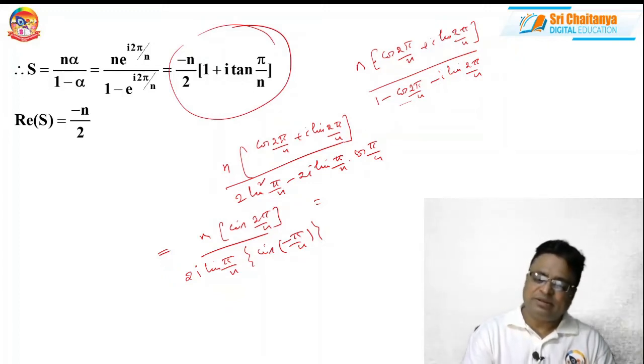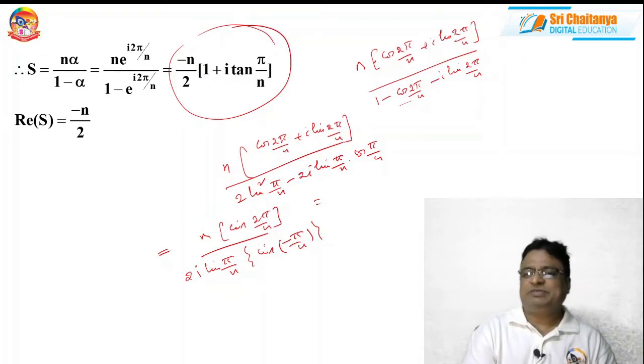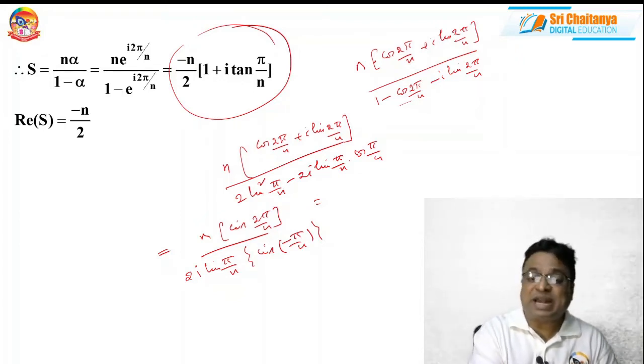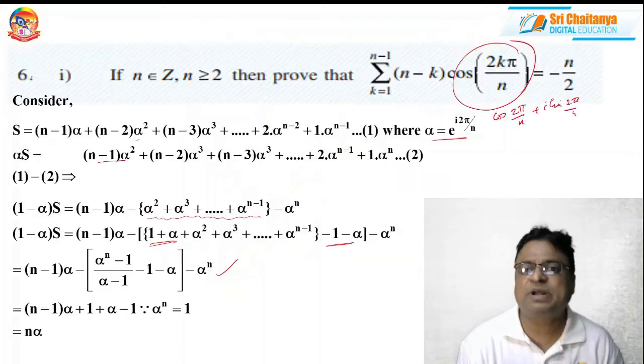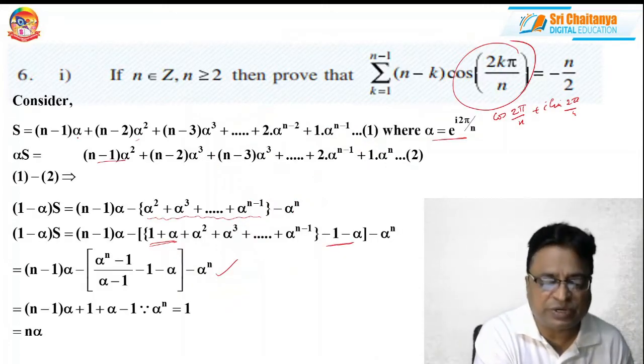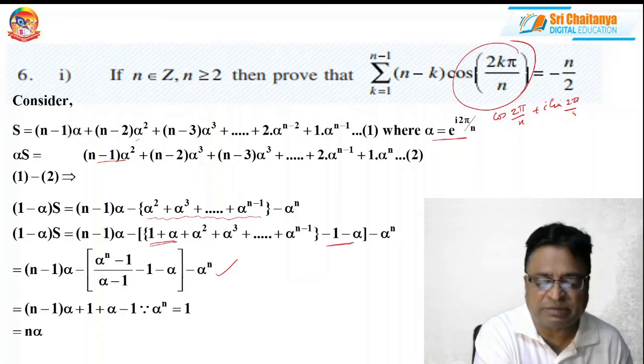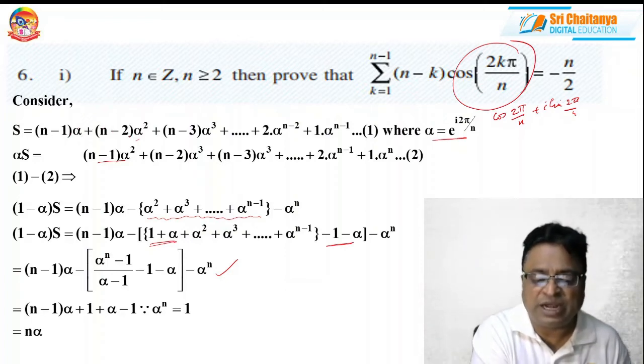Clear? So it is very simple for me to compare the real part. What is the real part of S? Actually, S is n minus 1 into cos alpha plus i sin alpha, that means n minus 1 into cos alpha, and n minus 2 into alpha square, that means n minus 2 into cos 2 alpha plus i sin 2 alpha.